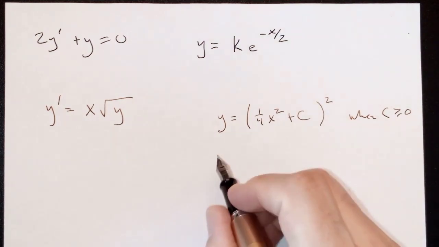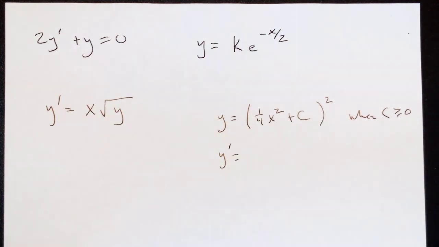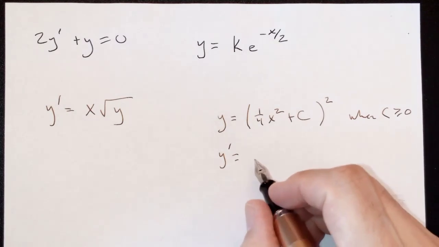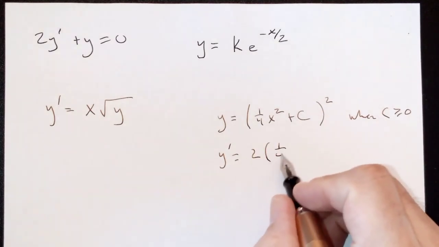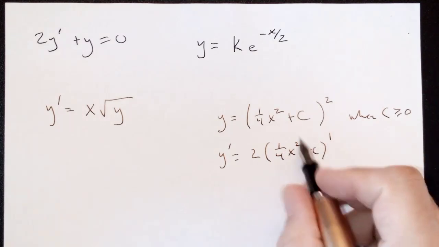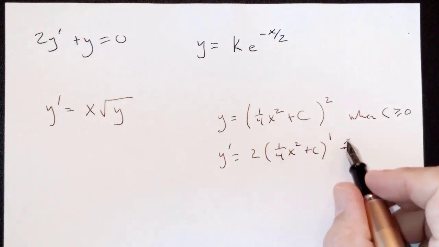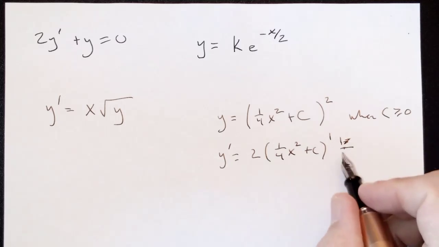Y prime is right, because when I do it with the chain rule, I get 2 times all of this junk to the 1, and then the derivative of the inside is going to be, sorry, 1/4 times 2x.